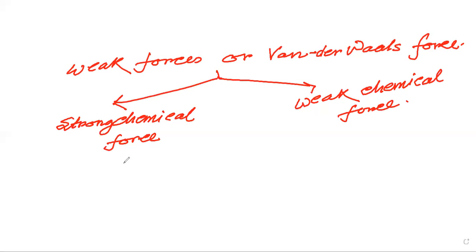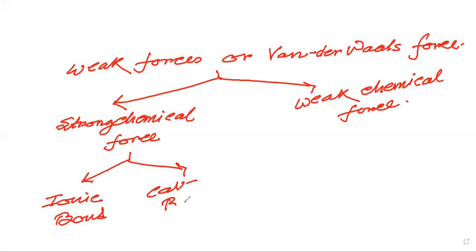Under the heading of strong chemical forces, we learn mainly the ionic bond and the covalent bond. For ionic and covalent bonds, we have a different chapter, but the weak forces are studied along with the states of matter.